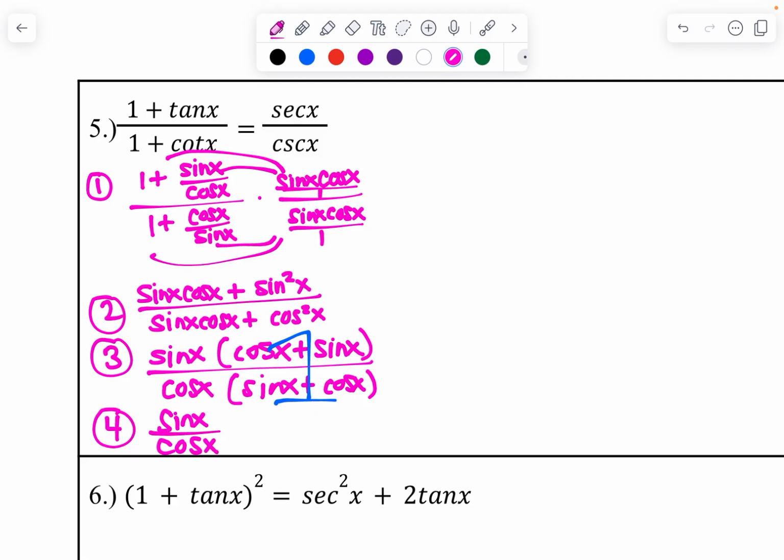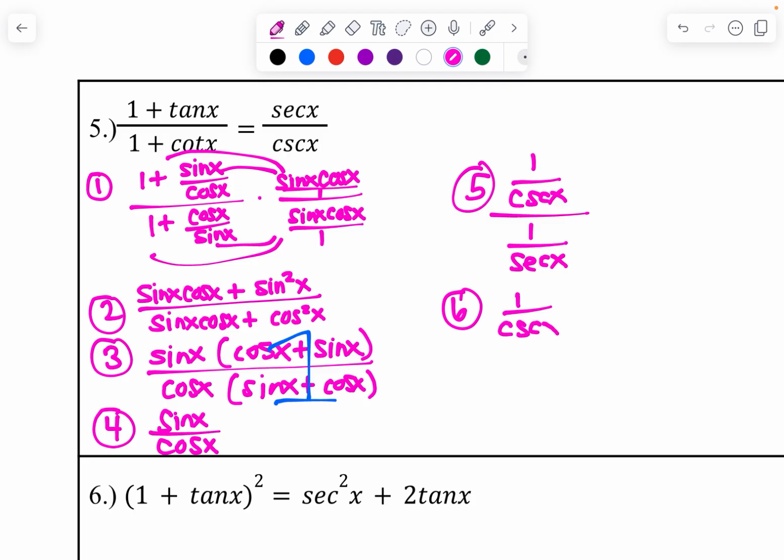But remember that sine of x is equal to 1 over the cosecant of x, and cosine of x is equal to 1 over the secant of x. We don't like to divide by fractions. Instead, we multiply by the reciprocal. And so there we have it, secant of x over the cosecant of x.